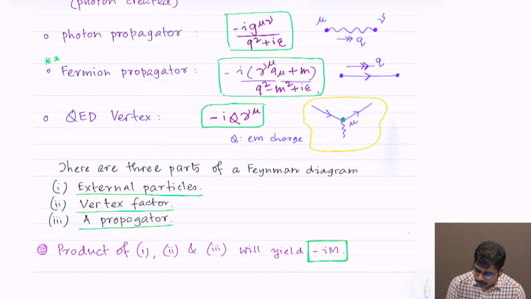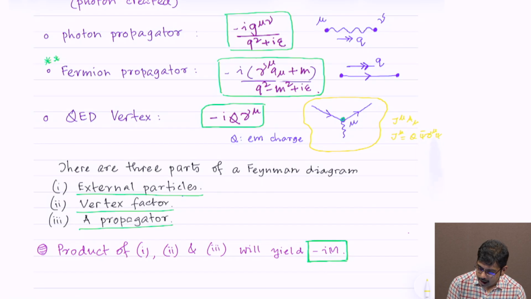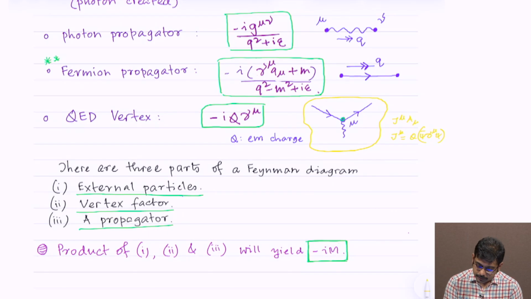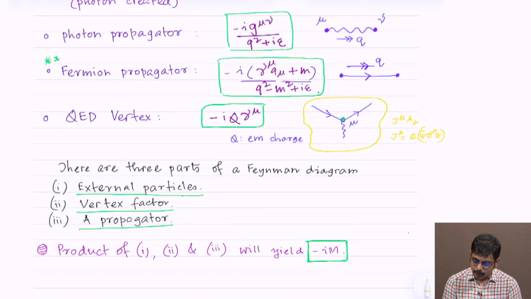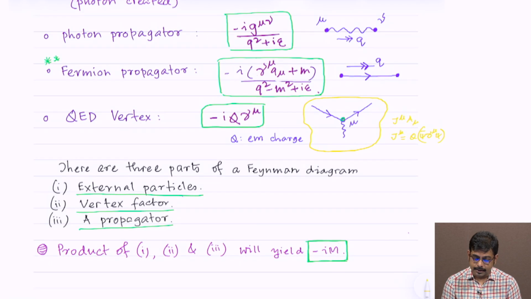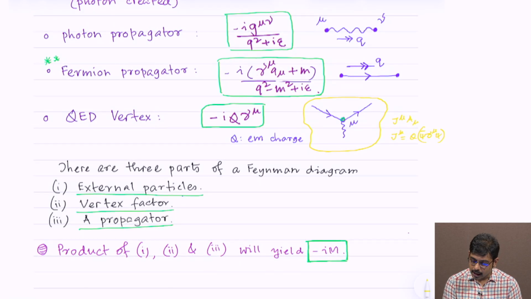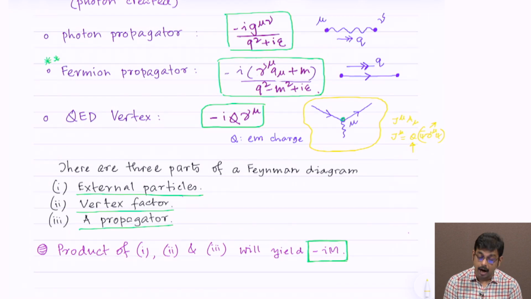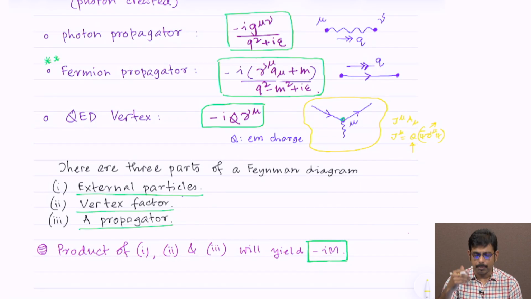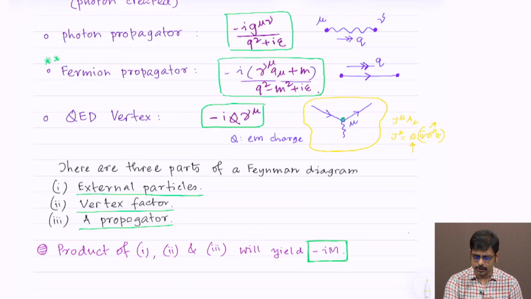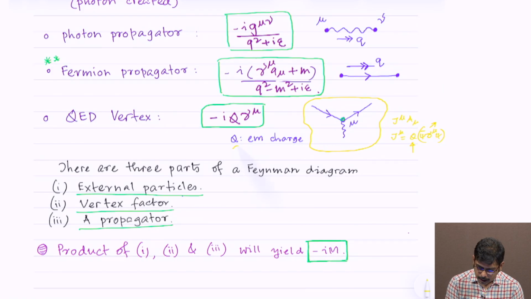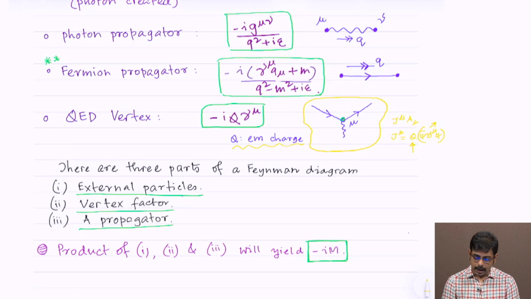This term was proportional to J mu A mu, where J mu was the current, Q psi bar gamma mu psi, and we extracted the vertex factor of this QED interaction as minus i Q gamma mu. The Q was the electromagnetic charge, which is the strength with which the electron, or any charged particle, couples to photons, and you have a factor of gamma mu in the vertices.